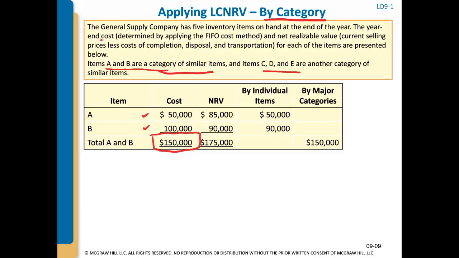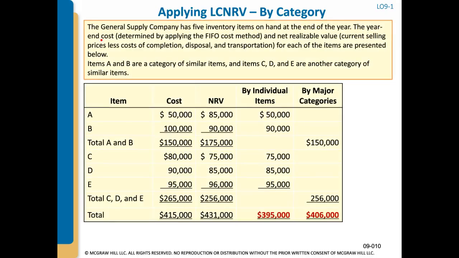And we look at the net realizable value and add those up. And so you say, okay, my total cost for this category is 150. My total net realizable value for this category is 175. So the lower of the two is the 150.